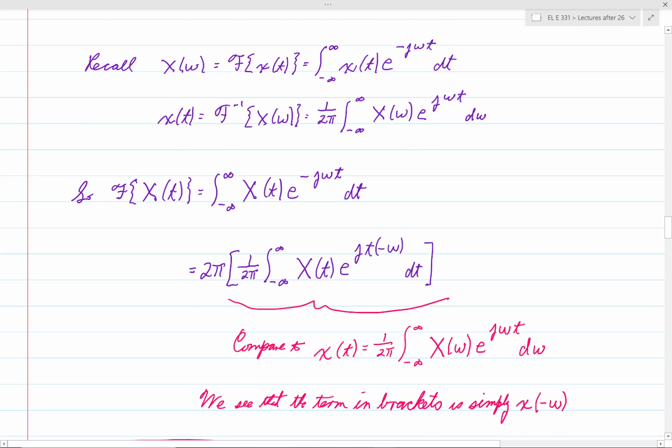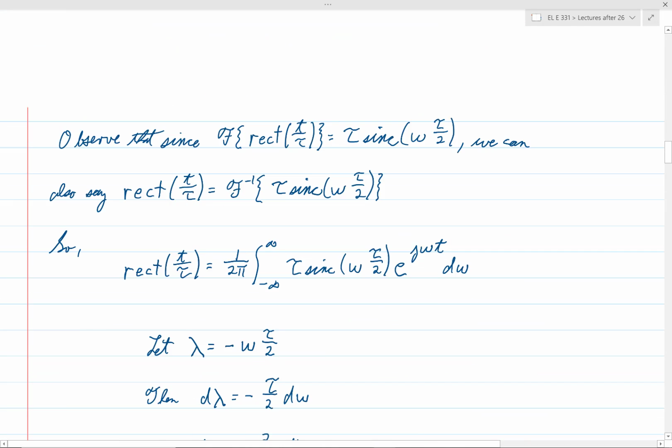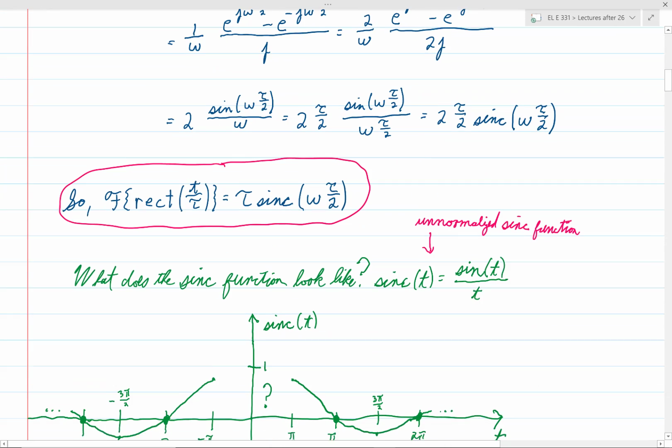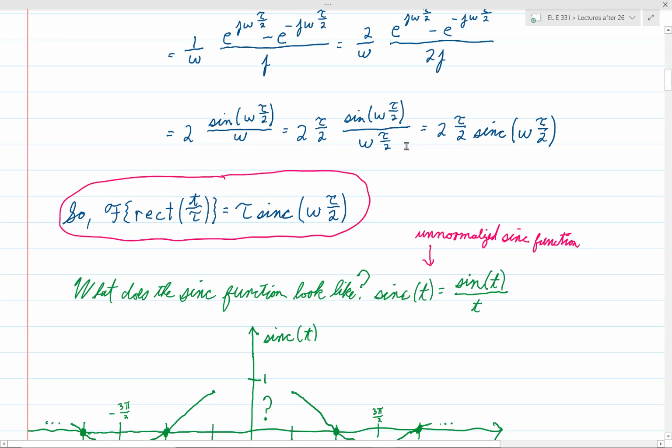Okay, so it's just like what we have up here above. In our first example, we had the rect function in the time domain, and the sinc function in the frequency domain.